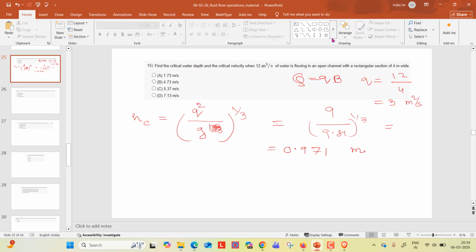This value is not given, I don't know, but it has asked to find. Again, we have to find the critical velocity Vc. Vc expression was square root of g into Hc. So now tell me what is the value. So this is coming as 3.087 meter per second.